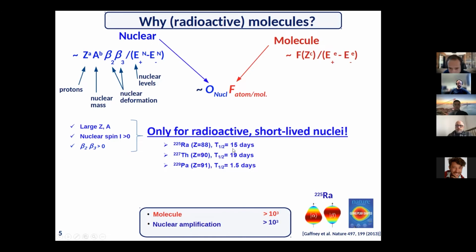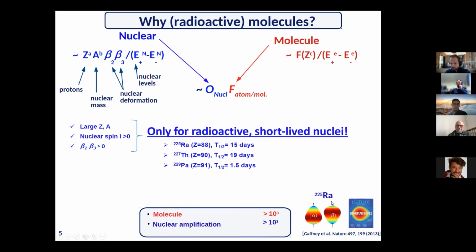So overall, you can create nuclei like radium-225 that have a factor about 10 to the 3 times larger than what you will find in a stable molecule, right? And there are even some nuclei like protactinium that are predicted to be 10 to the 4 or 10 to the 5 times larger. I write radium because it's one for which there is solid experimental evidence from not long ago. So then the motivation is great.